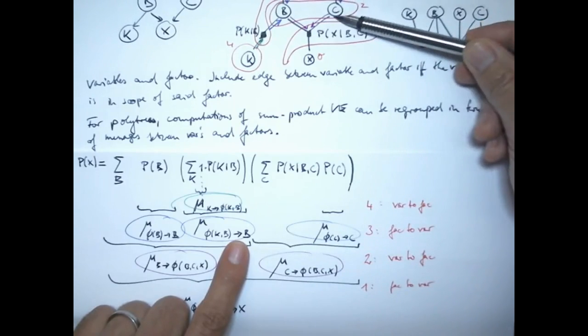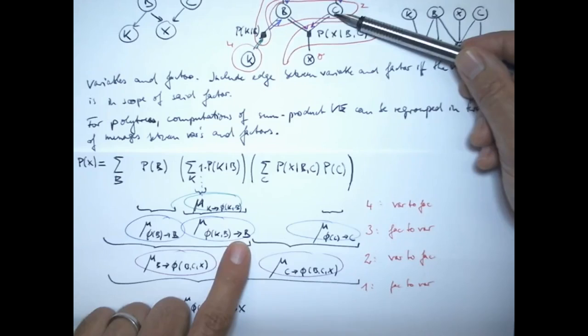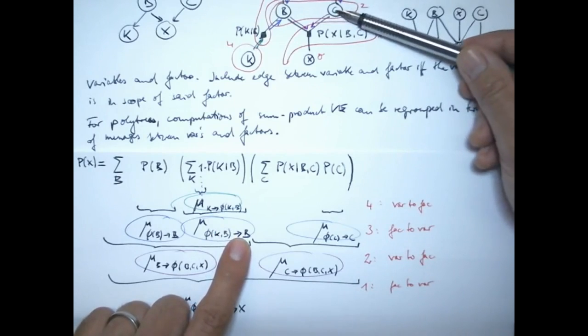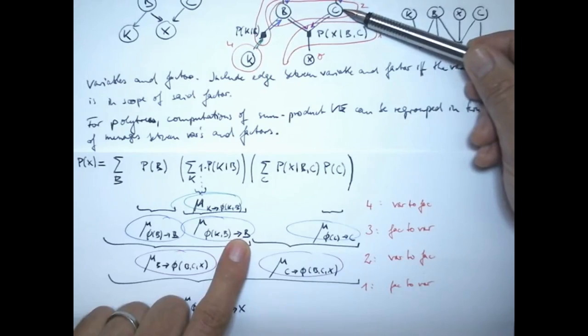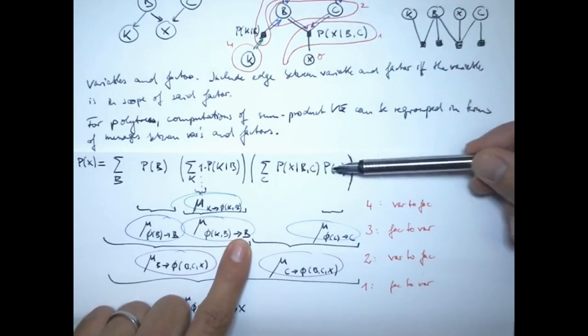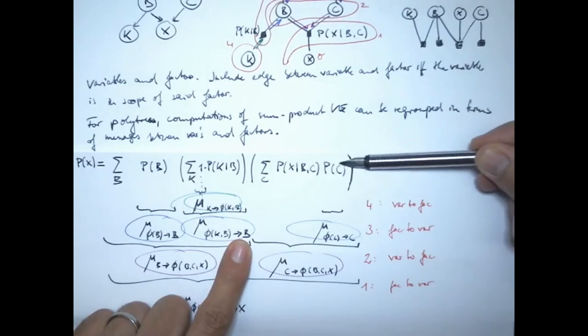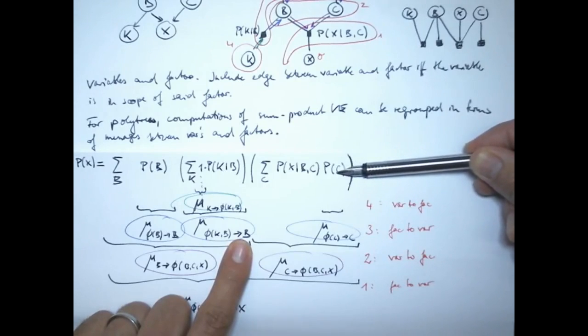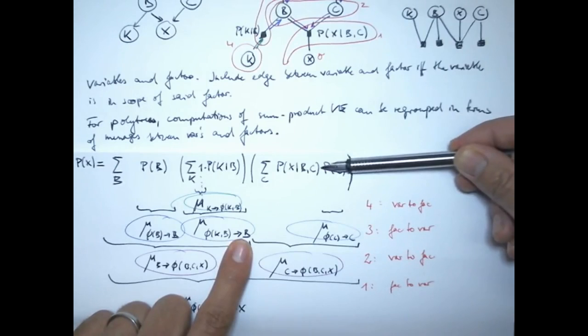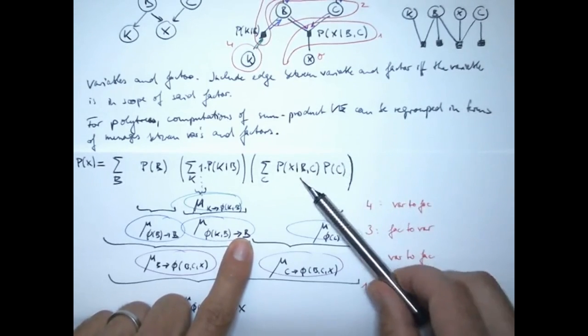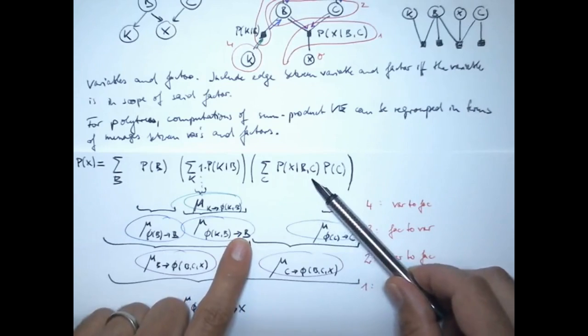So C could take 2 different values. So there can be cheese or there cannot be cheese. And we had a prior probability for each of these. Then we had this bigger conditional probability table of x given b and c.